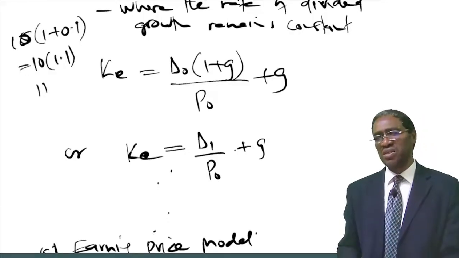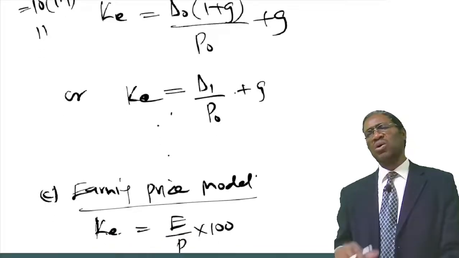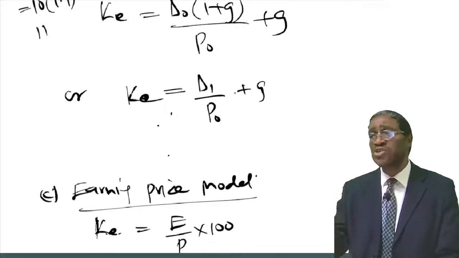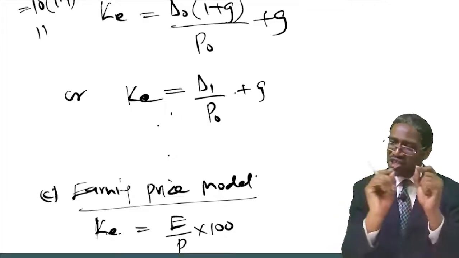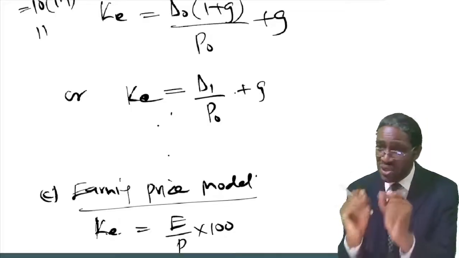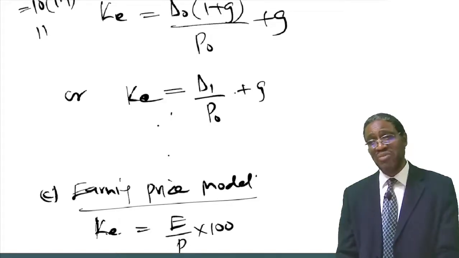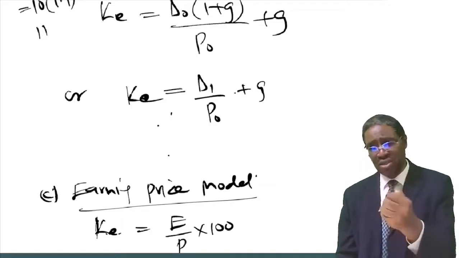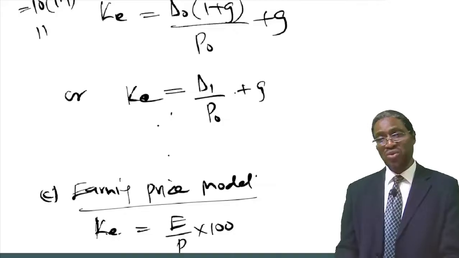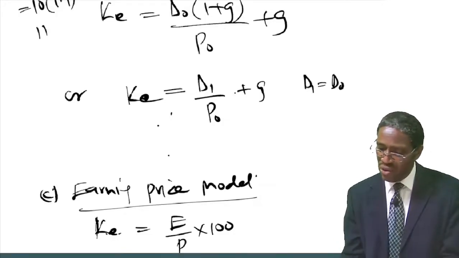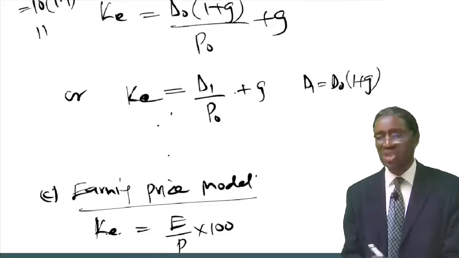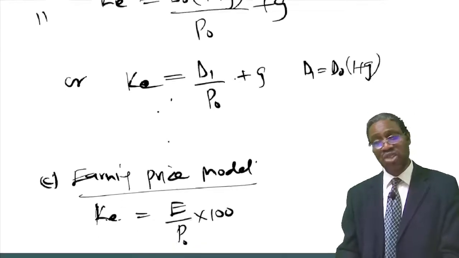Then I've said, if the examiner gives you what the company expects to pay as dividend, then you use the expected dividend, D1, because it has already captured the growth. So in other words, we are saying D1 is the same as D0 into 1 plus g. I hope you are getting. We shall put down this.